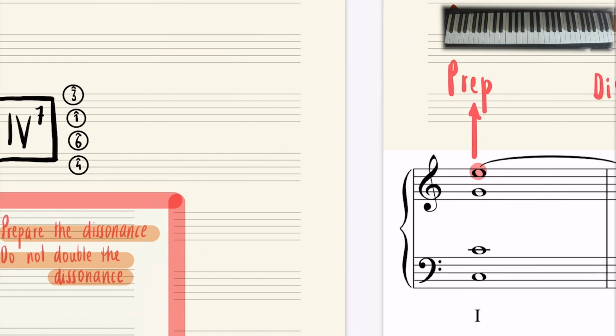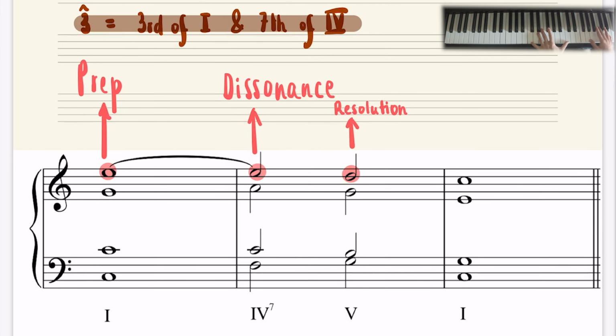Let's take a look at the following chord progression. We start on the tonic, then we have 4-7 in the following measure, going on to 5 and resolving onto 1. Notice that the seventh of the 4-7 chord is prepared in the soprano of the previous chord, the tonic.